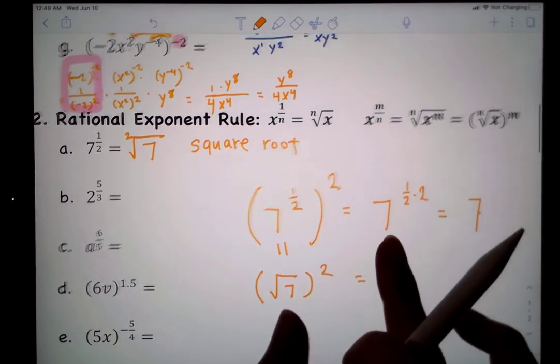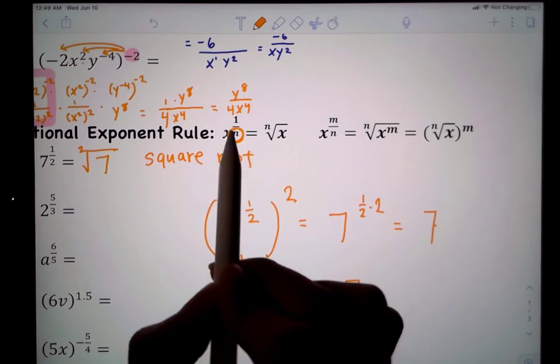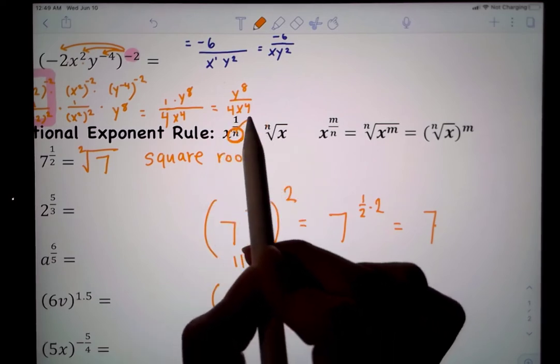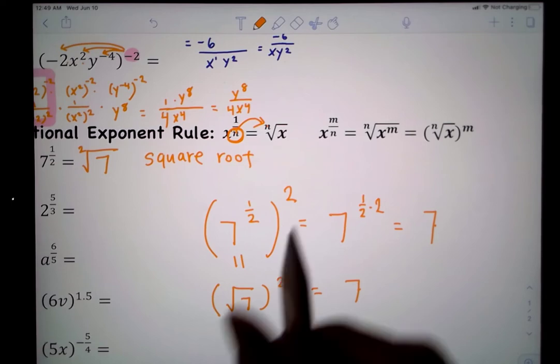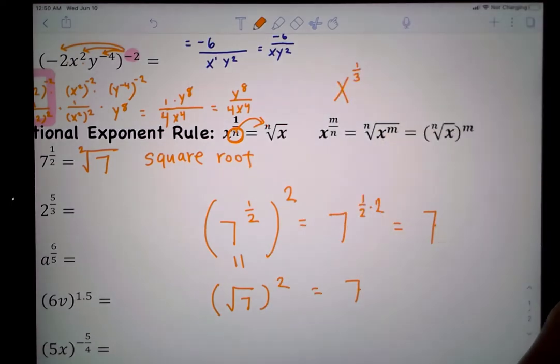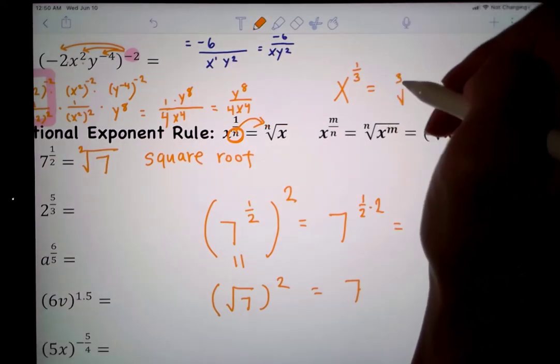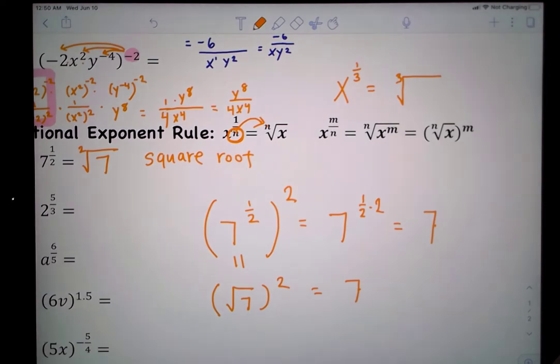So this is the rule over here. When you get 1 over n, right? Your denominator goes to the index number. So if you get x to the 1/3, then this 3 goes to the index number of the radical.